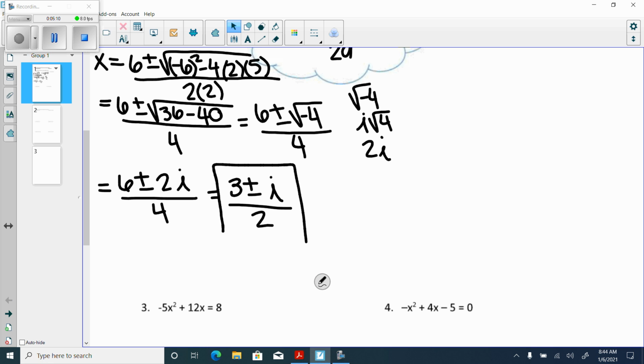That's my final answer right there. Remember, that is still two separate solutions, right? One for 3 plus i divided by 2, and one for 3 minus i divided by 2. You can leave it like this. You don't have to split them if we're not actually going to type them in the calculator.